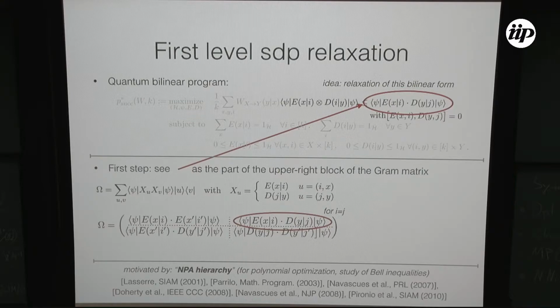defines a gram matrix. Okay, this matrix is going to be positive semi-definite by definition. So it's this matrix omega here, and I drew four different parts here basically, because it's only the upper right part here, when this index i is equal to j, that's actually featured here in the objective function.